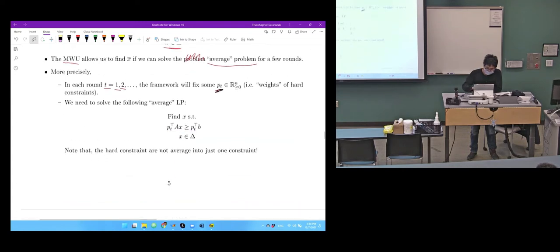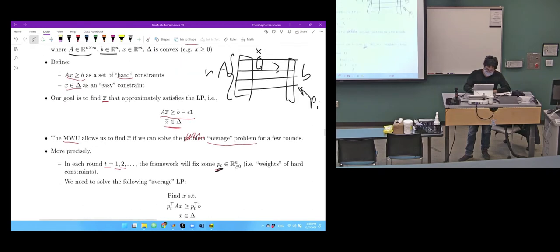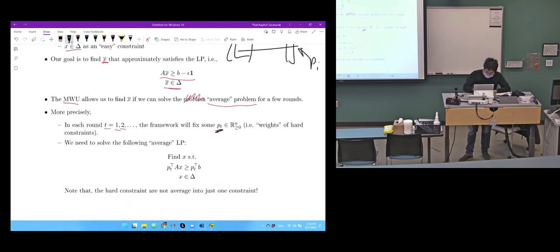Once the framework, think like this, you are working with a framework. The framework gives you some weight, and what you need to do is to solve the average problem defined by this weight. By average problem, I mean that all the hard constraints here, you just sum them up with some weighted average.